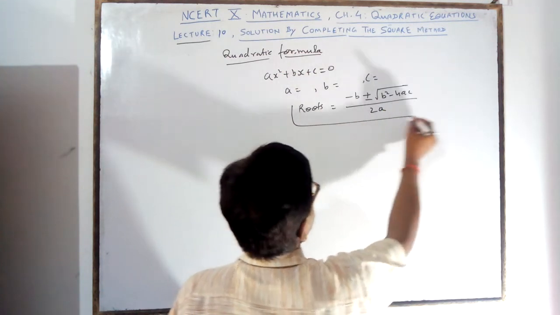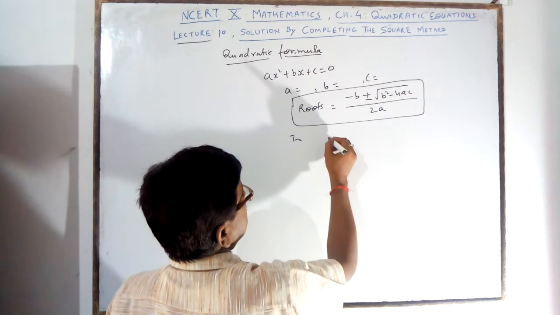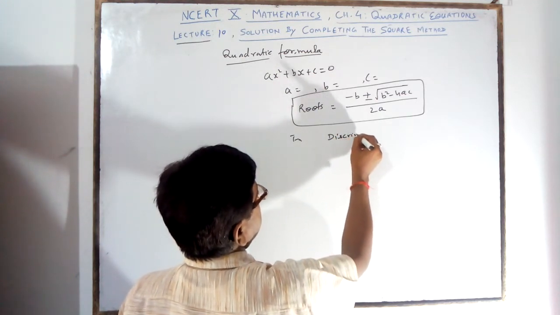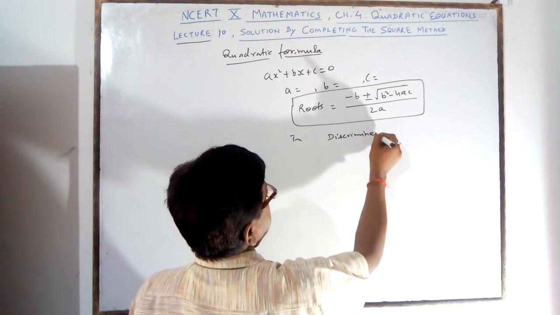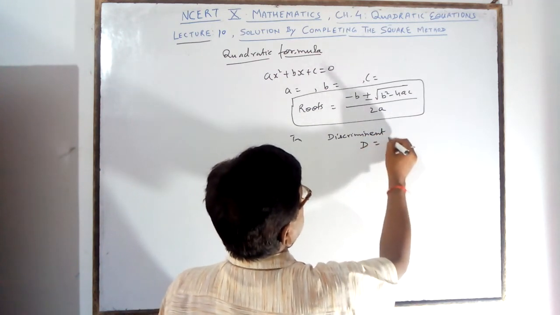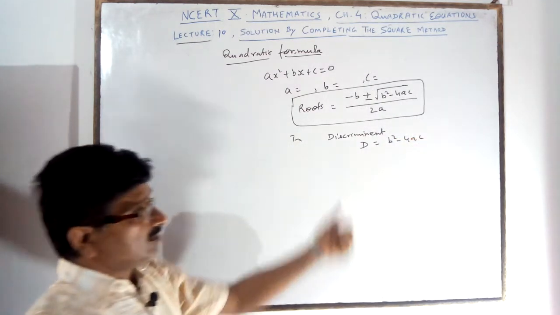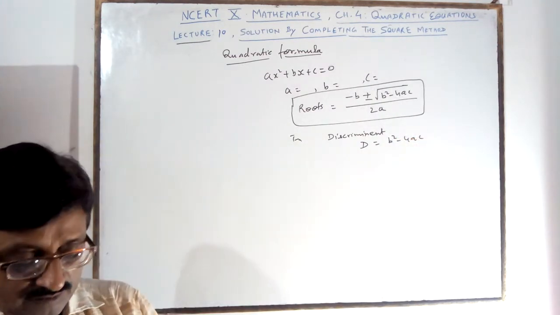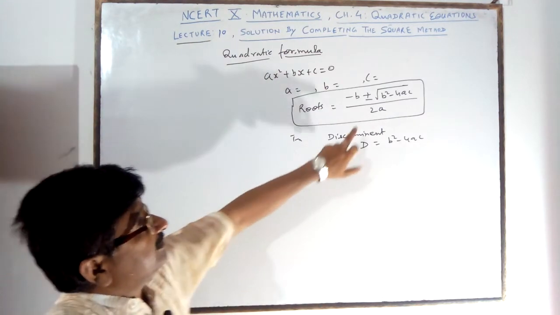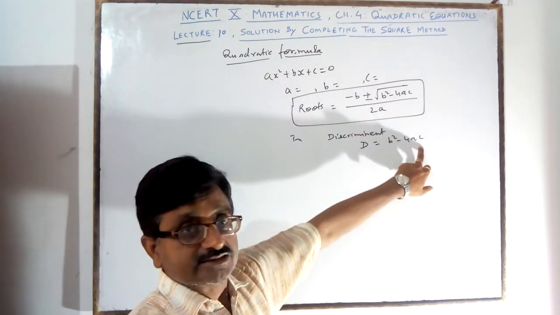This is called the Sridharacharya formula, in which D, the discriminant, is equal to b square minus 4ac. So b square minus 4ac is called the discriminant.